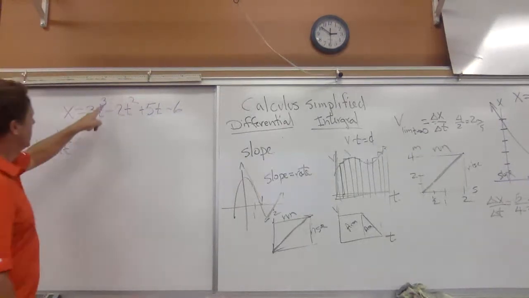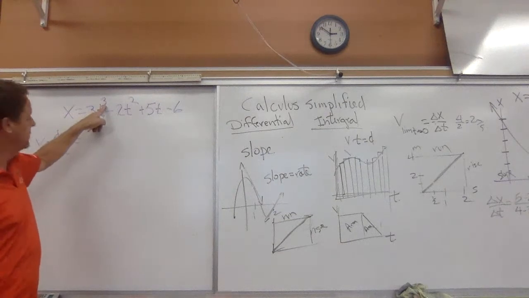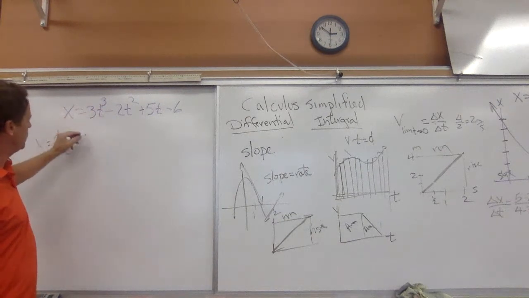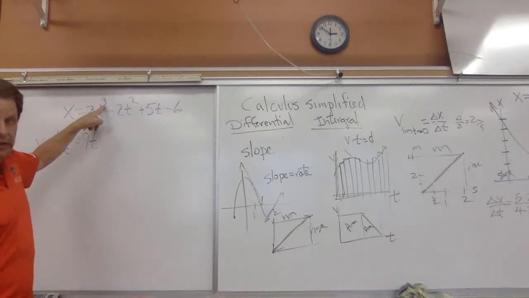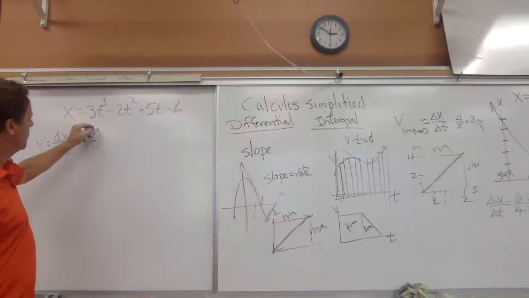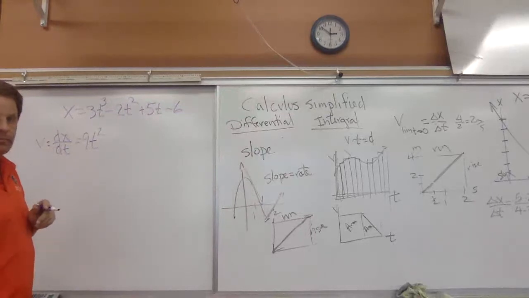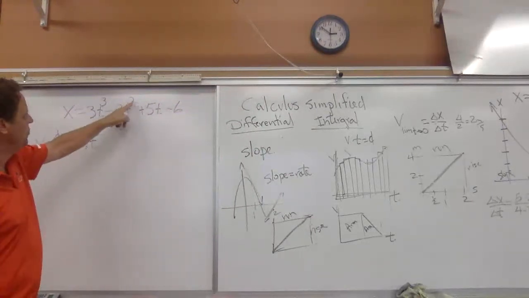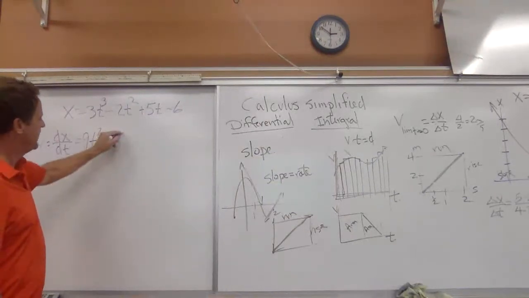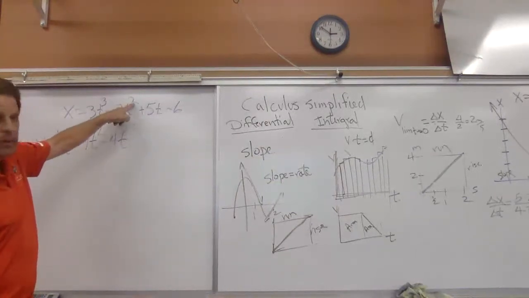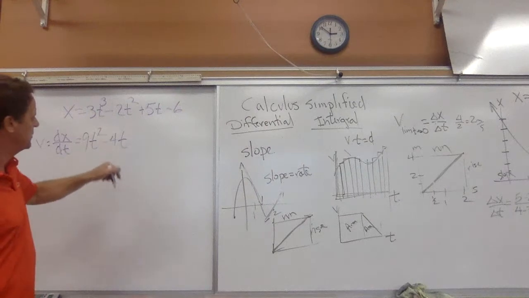We're going to say the exponent times 3, which would be 9t. Now we're going to say 3 minus 1, which would equal 2. Now we're going to say 2 times negative 2 is negative 4t, 2 minus 1 is just 1.